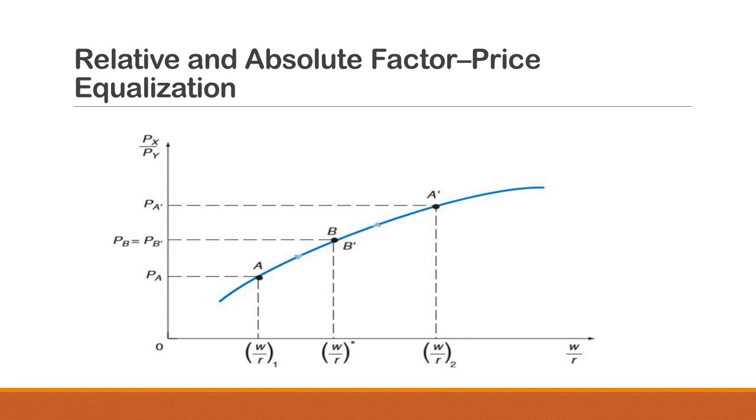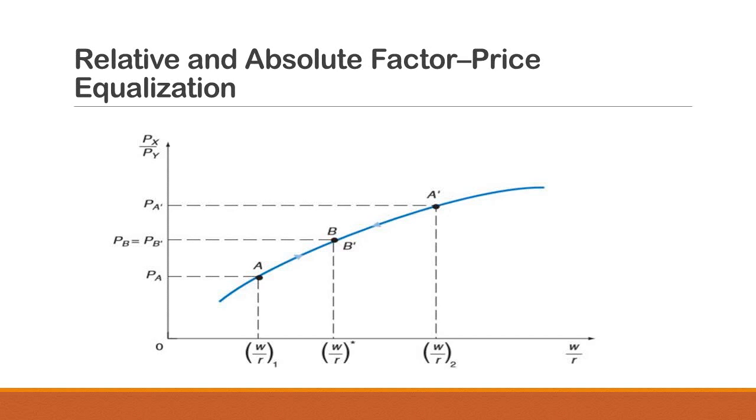So, in the pre-trade situation, in Nation 1, the wage rate is lower and the price of capital, that is interest, is higher. So, the W by R ratio is lower for Nation 1, and Px by Py is also lower for Nation 1 because the price of X is low in Nation 1, because X is a labor intensive commodity.